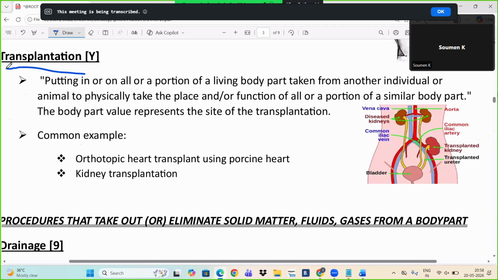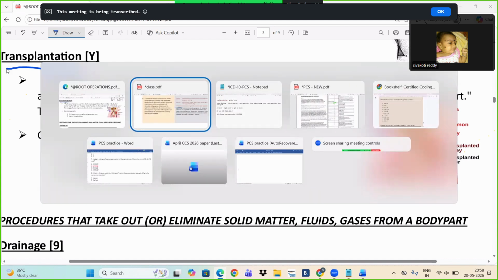So here, whenever we are going to code transplantation, like detachment, the 6 digits will be in the index itself. Suppose check the left kidney transplantation PCS code.